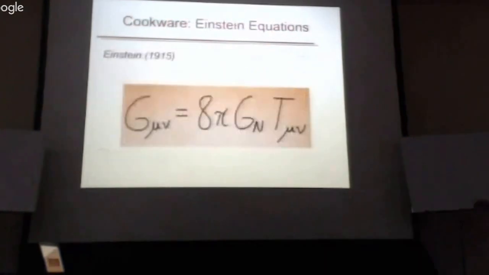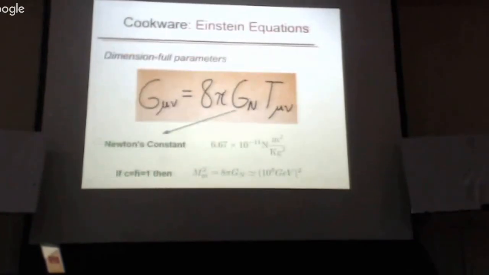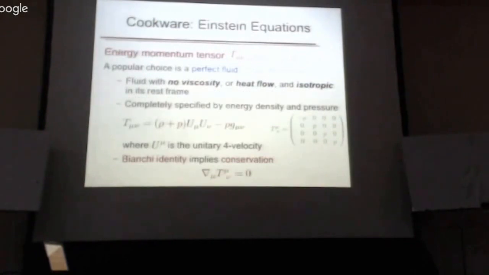So now if we apply this divergence to the whole equation, you get 0 on the left-hand side. And then you should get that the divergence of the energy momentum tensor is 0. What does that mean? Well, it actually has a nice interpretation. It's nothing but energy and momentum conservation.